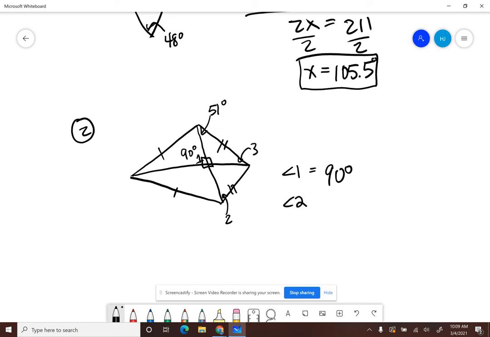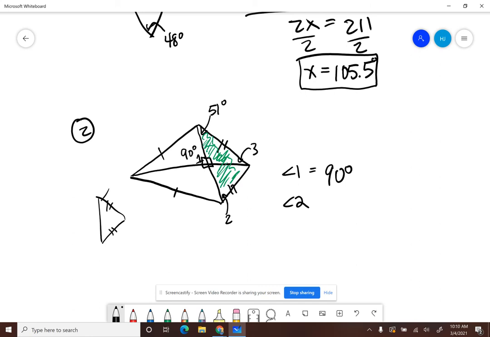So for angle number 2, let's shade this one right here just a little bit so you can see that. Let's just focus on the green triangle right now. If you focus on the green triangle and really think about what you have, you have nothing more than an isosceles triangle, okay?